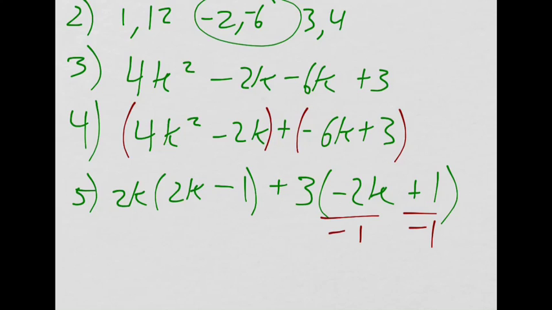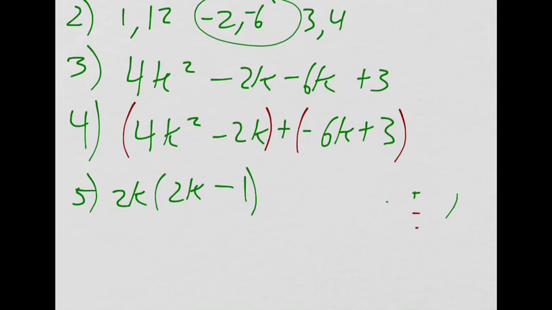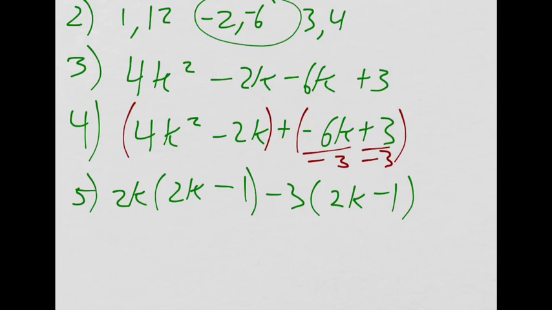Would that work? Or, more simply, let me just back up. What if I just factored negative 3 out of this, where I divide both terms by negative 3? That should work, right? Negative 3 goes in front. What's left? Negative 6 over negative 3 is just positive 2k. Positive 3 over negative 3 is negative 1. Are they the same now? Yep. Now they're the same.